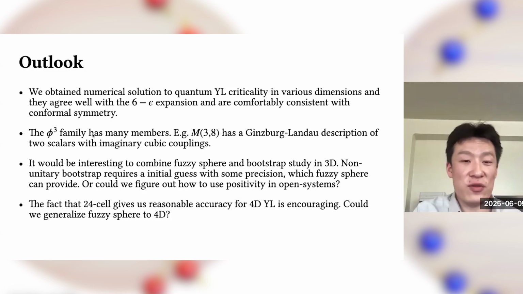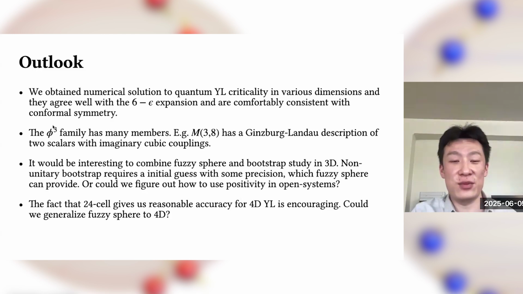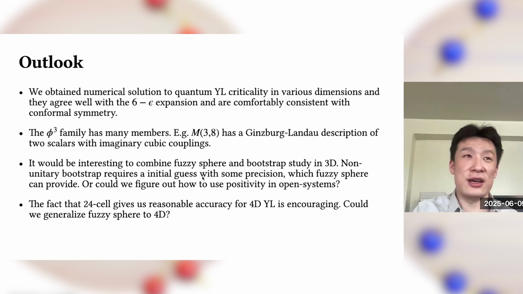To move forward, we can try to consider more of these phi cube family. Phi cube is actually a very large family, and you can study them first in 2 dimensions as the non-unitary minimal models. And a lot of them have a Ginzburg-Landau description, which allows you to continue them to higher dimensions.